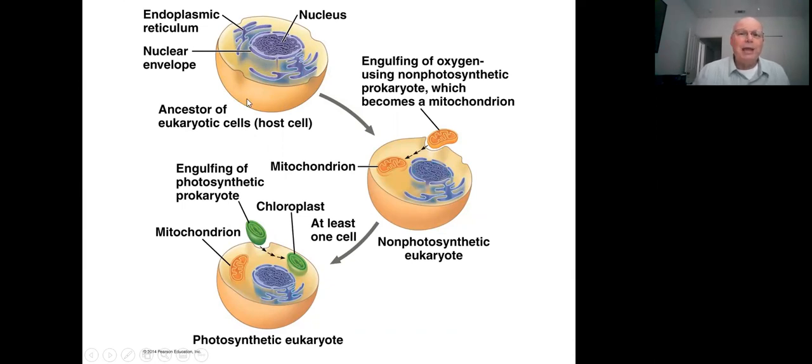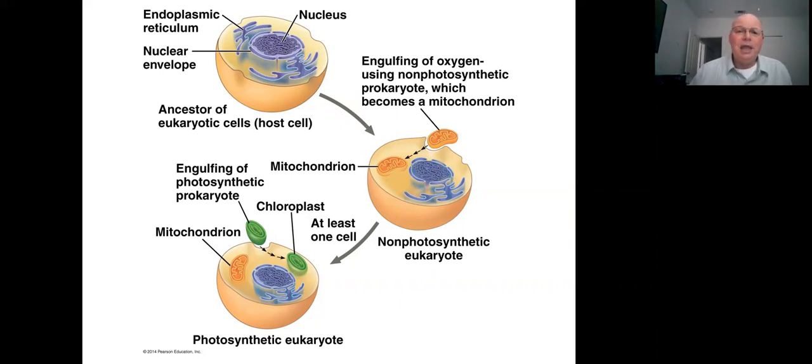So it's not hard to imagine how the endomembrane system may have evolved from invaginations of the plasma membrane, because they're all still linked together, and the plasma membrane is still solidly tied to all of the other membranes of the system via the transport vesicles and the proteins being produced on the rough endoplasmic reticulum.